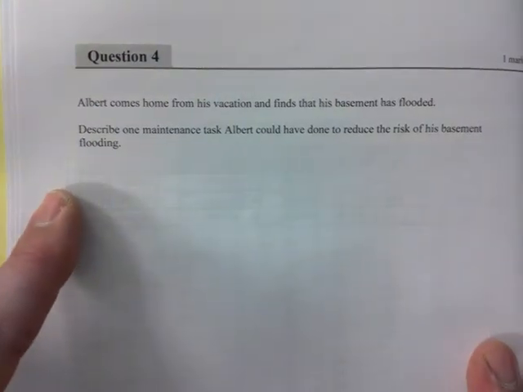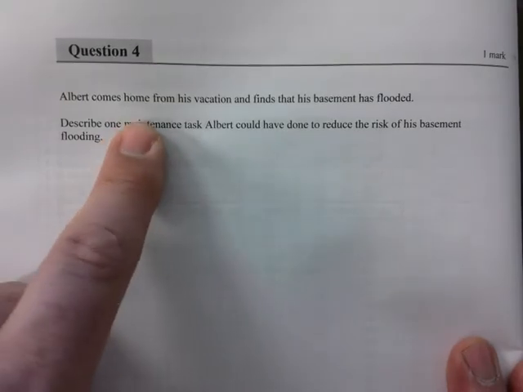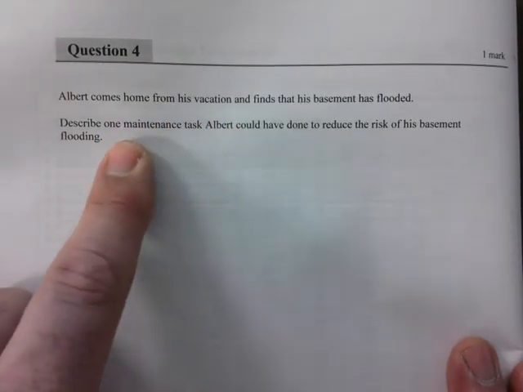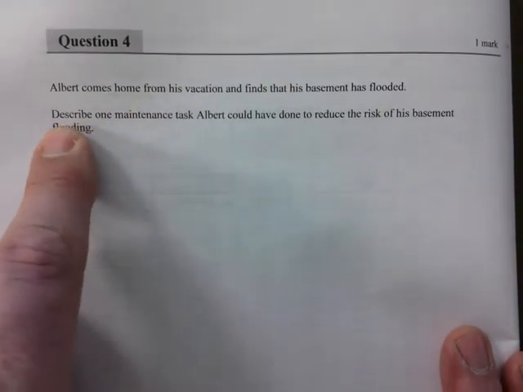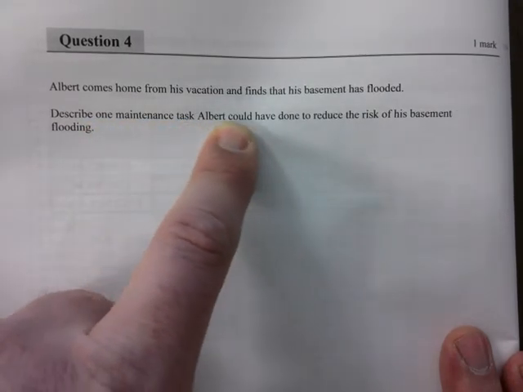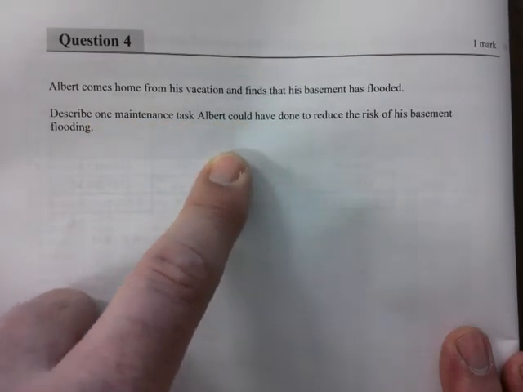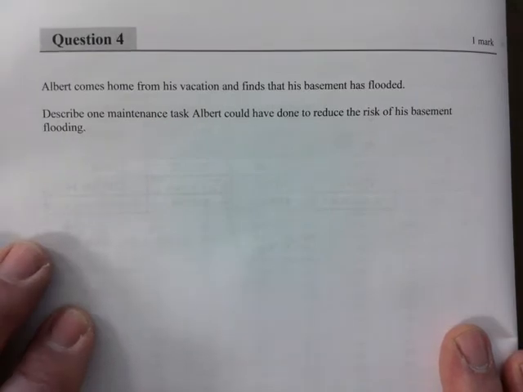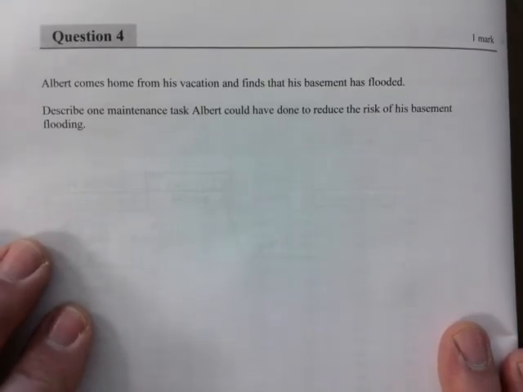Next, question 4. Read carefully, okay? Albert comes from his vacation and finds his basement has flooded. Describe one maintenance task Albert could have done to reduce the risk of his basement flooding. What would you say there? Why do you think it flooded?